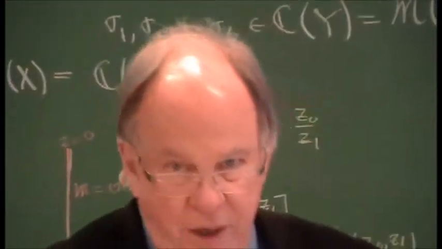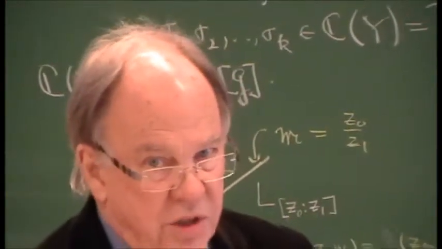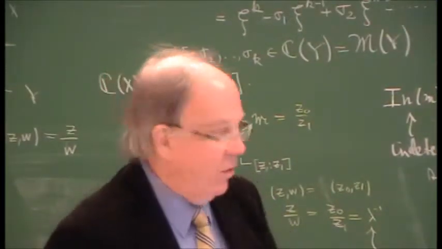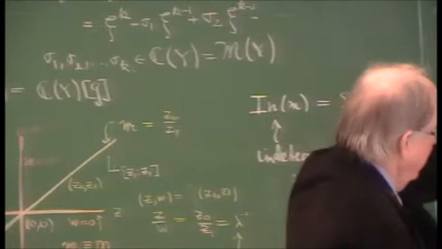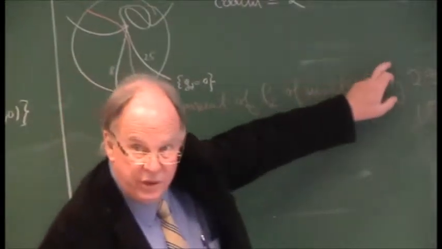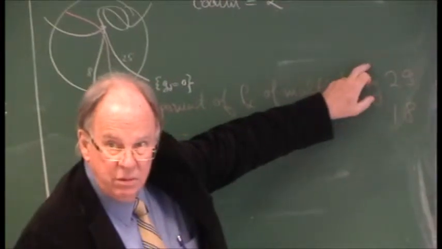And what you do then, because the local ring is a unique factorization ring, you just cancel. So you cancel out in this ratio, and then g no longer will have a zero, and f will have a zero of order 11, okay?